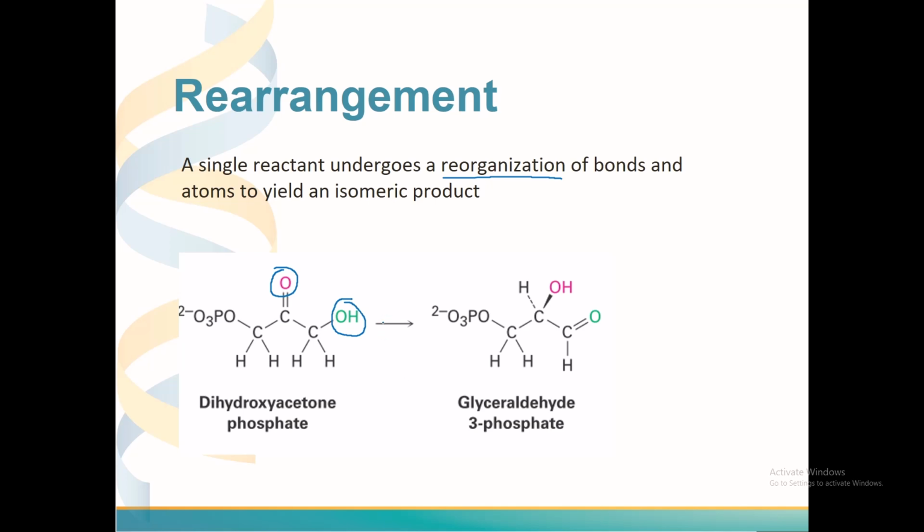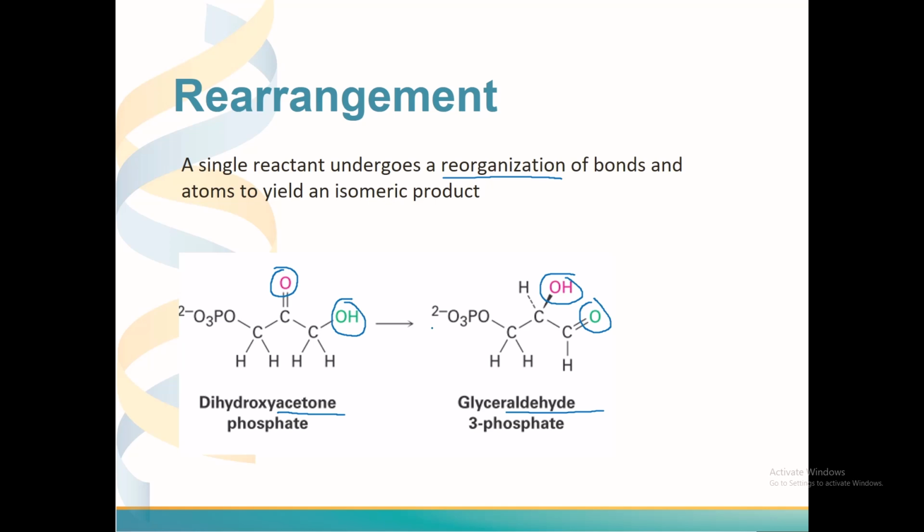It undergoes a rearrangement reaction to become glyceraldehyde 3-phosphate. So it starts as a ketone and then becomes an aldehyde. If you observe the position of the oxygen and the hydroxide, they are switching. This is the kind of rearrangement. Of course, it doesn't happen just like this. There is a mechanism behind it which is not written in this case.